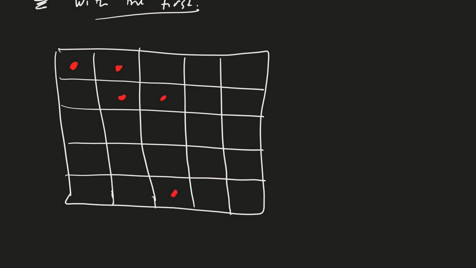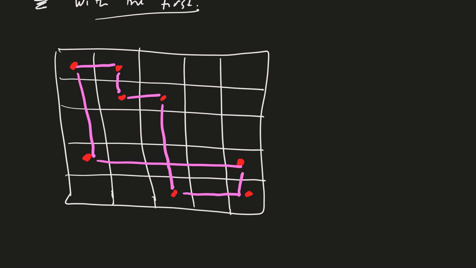Maybe this cell, maybe this cell, maybe this cell, maybe that cell. Okay, so do these cells form a loop? Well, the way to think about that is we'll start here and we'll go across or down, go across, go up, go this way, and then we would connect the dots. There, so this is a loop.